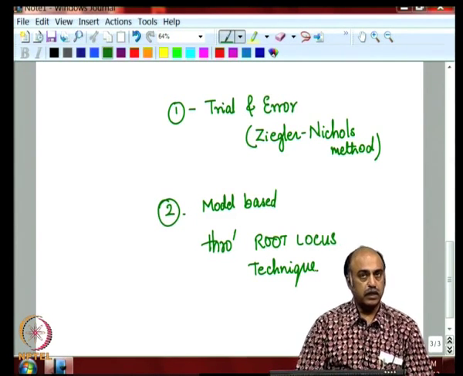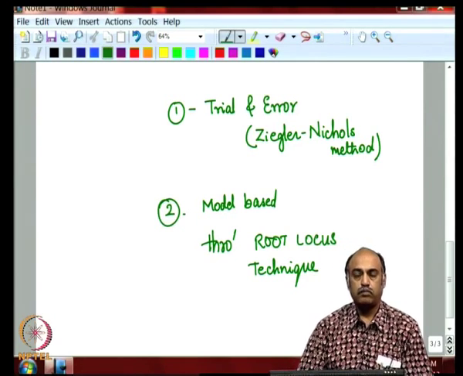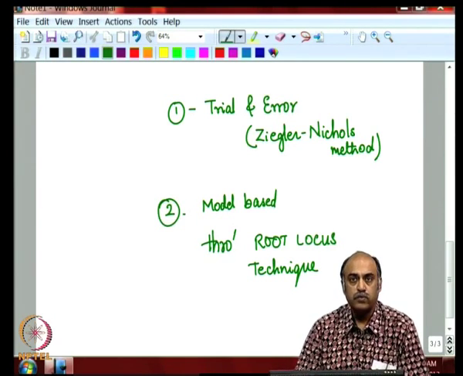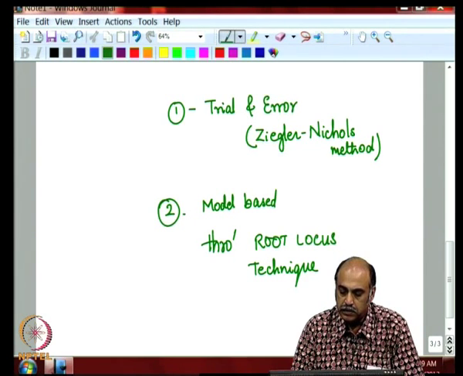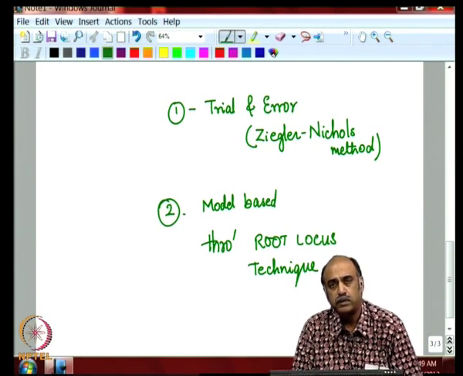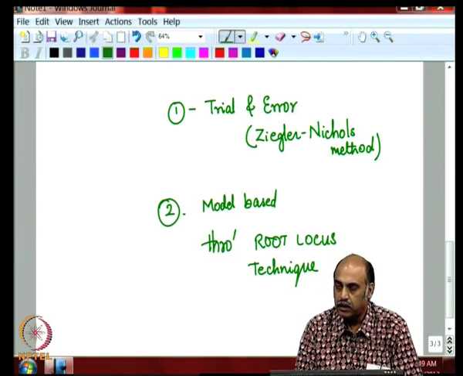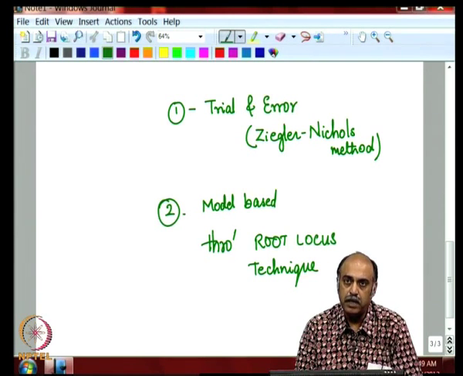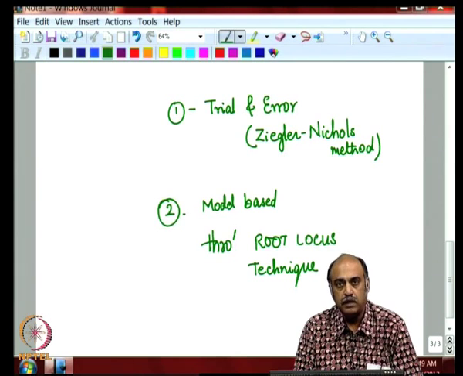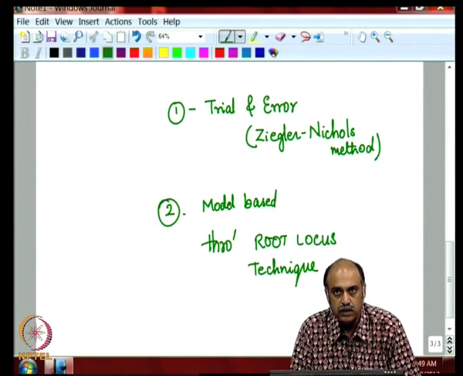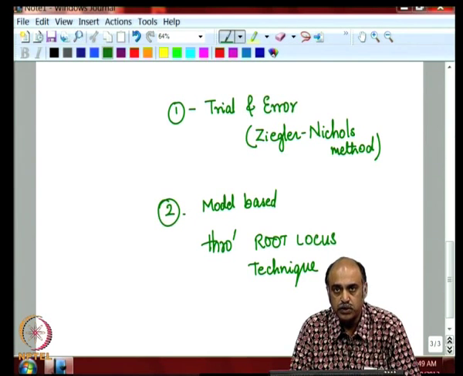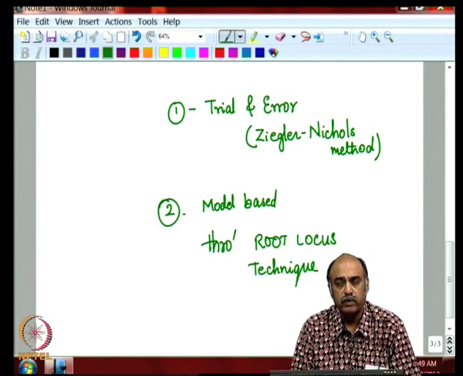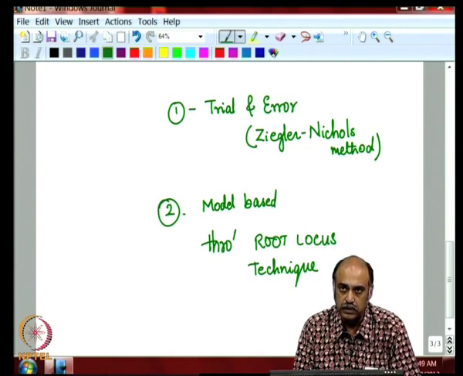As I said, people have used the Bode plot technique also, that is also quite popular, using the gain and the phase margin. However, for the switched mode power converters made using the three primary building blocks like the boost converter, the buck converter and the buck boost converter, the boost converter in particular has a 0 on the right of the S plane.